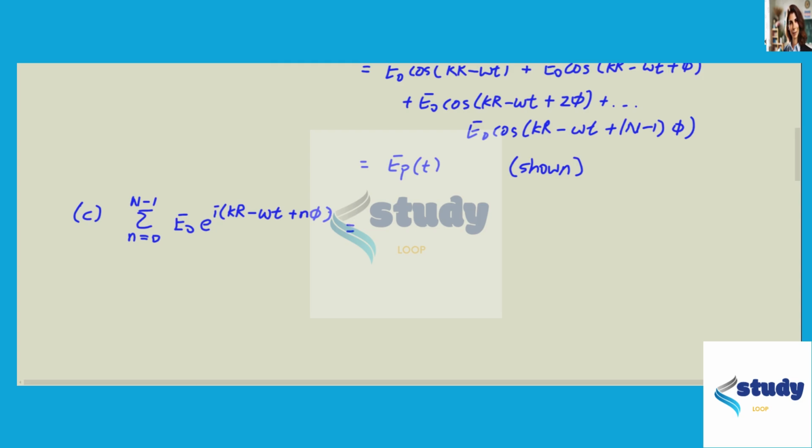The first thing is to pull out the terms that do not involve small n. E naught e to the i kr minus omega t does not contain n, so you can pull it out of the summation, and what you are left with is the summation from n equals 0 to n minus 1 of e to the i n phi.